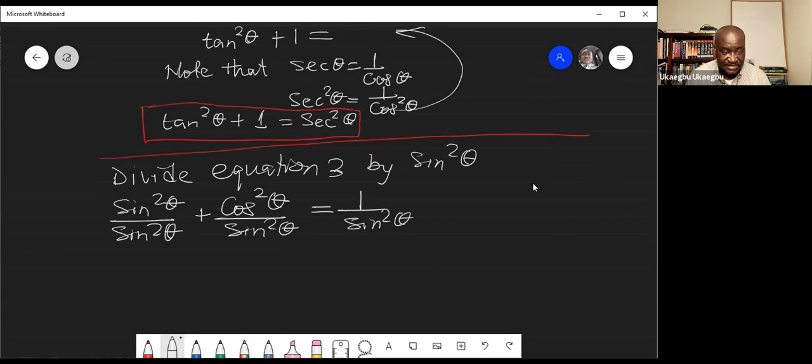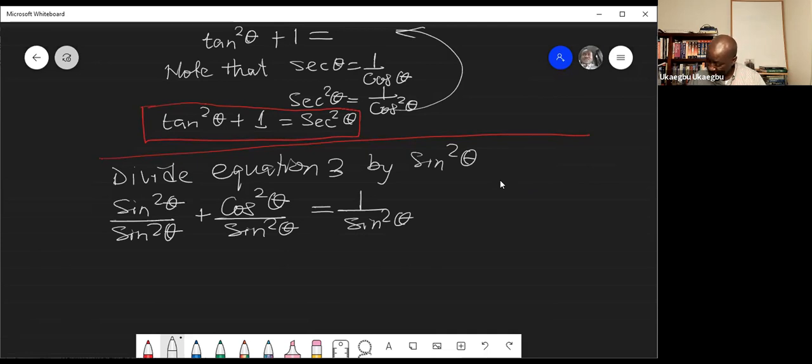We just did this by following a simple rule of equations: whatever you do to the right side, you must do to the left side. That's how we are following.